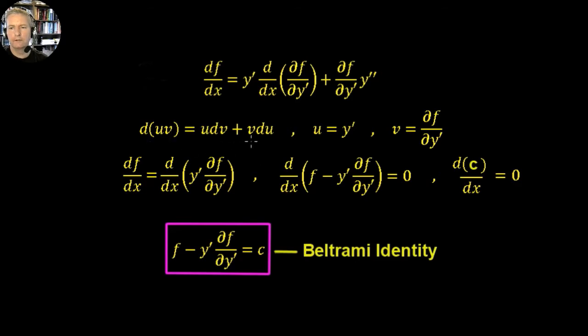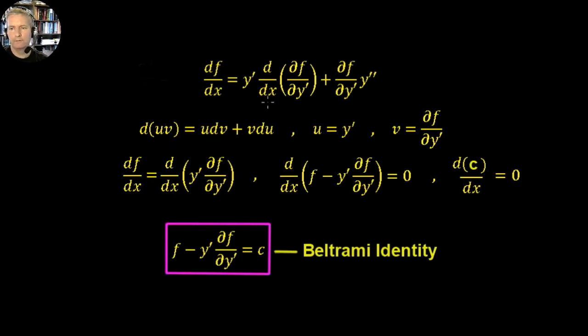So if we let u equal y derivative and v equal partial f by partial y derivative, then we've got this term below, because you can see on the left hand side we have the d by dx, and the u is the y derivative and the v is the partial f by partial y derivative. So that is just this term here.